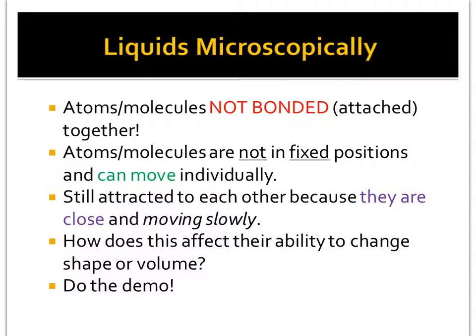So they're still in contact with one another, but those attractions can switch and flip and change around all the time. So water can change shape, it can flow, you can pour it, but because the molecules are still always in contact with one another, you're not really able to squish it down any further.